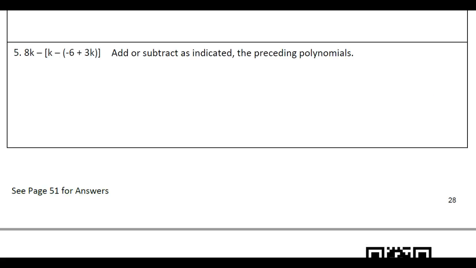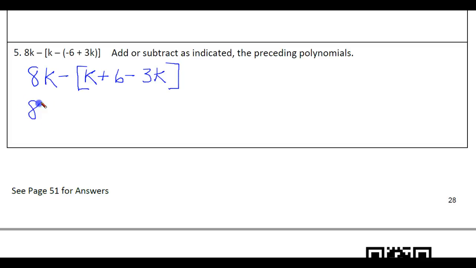So we'll give you time to set this one up too, and I will set it up. So the opposite of a negative makes this a positive, and changing the sign here makes that negative.